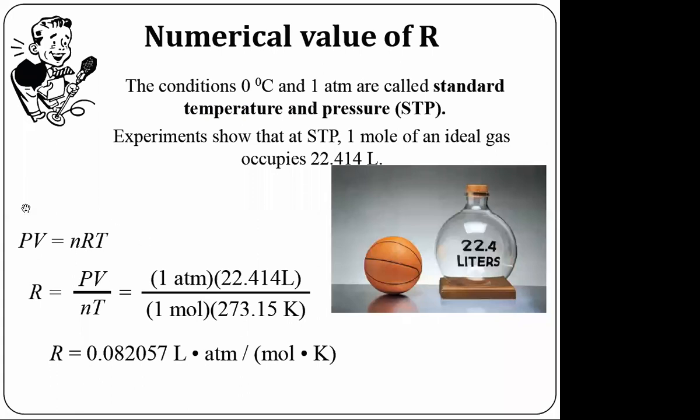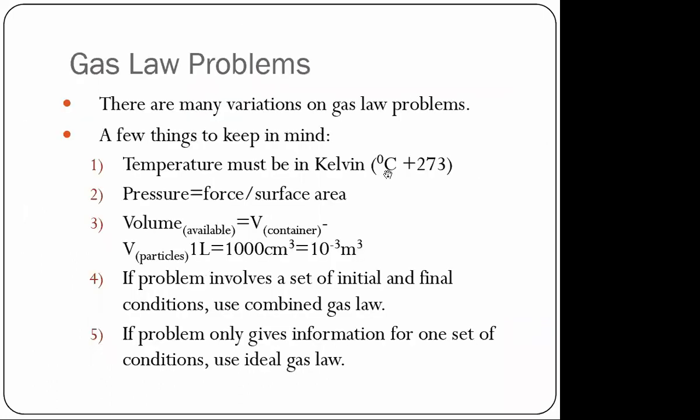Putting everything into the equation, you have 1 atmosphere times 22.414 liter over 1 mole times 273.15 Kelvin, and that will give us 0.082057 liter atmosphere per mole per Kelvin. And that is the ideal gas constant in this unit. There is another ideal gas constant in the unit of Pascal or Newton per meter squared.